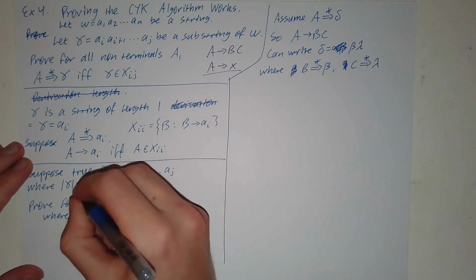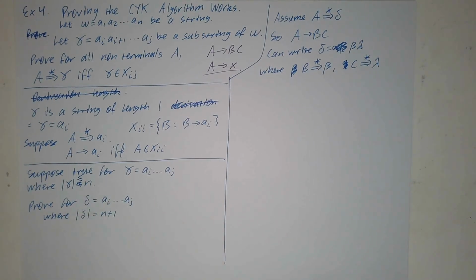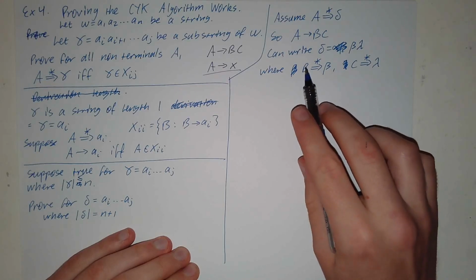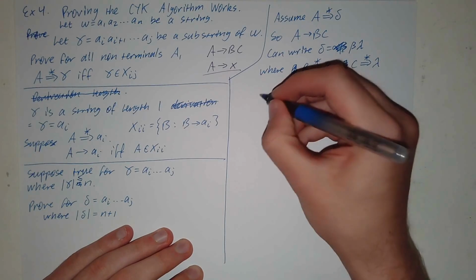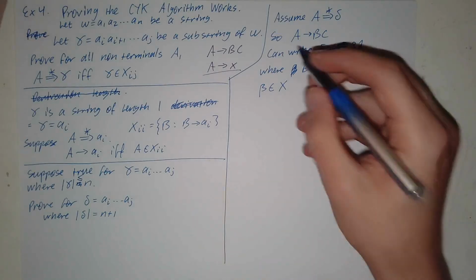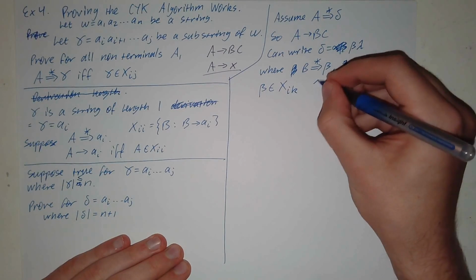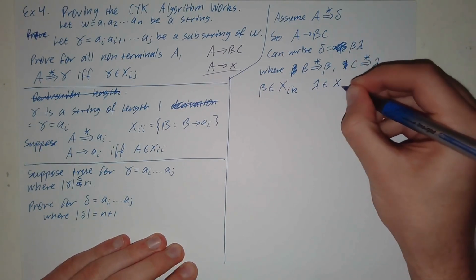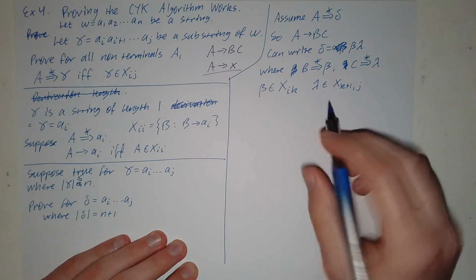So in fact you have to use strong induction here, so let's change our inductive hypothesis to all strings of length less than or equal to n. So now we can use our inductive hypothesis to help us. Because B has a derivation of beta, that means beta must be in X_ik, and for the same argument, lambda must be in X_{k+1,j} for some splitting k, right?